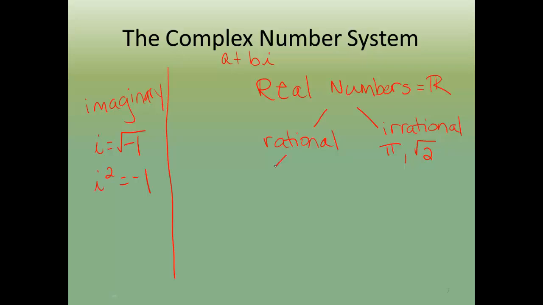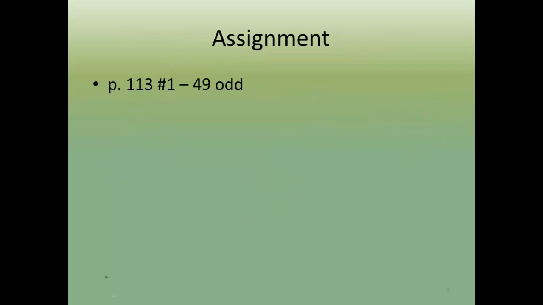The rational numbers can break down further into integers, which are the positive and negative whole numbers. Integers break down to whole numbers, which is just 0 and all the positives. And then last, we have our natural numbers, or the counting numbers. Put all this together, and it's called the complex number system.